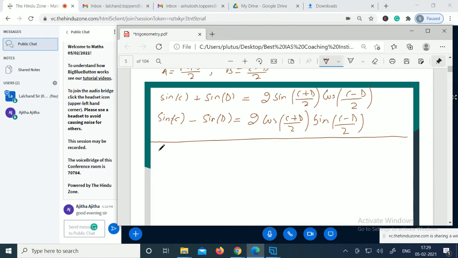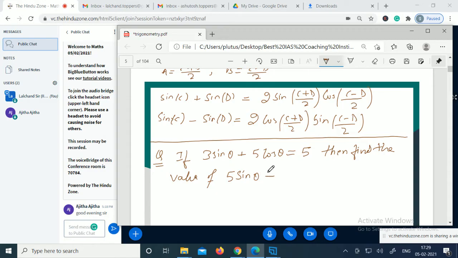So I have a question. If 3 sine theta plus 5 cos theta is equal to 5, then find the value of 5 sine theta minus 3 cos theta.